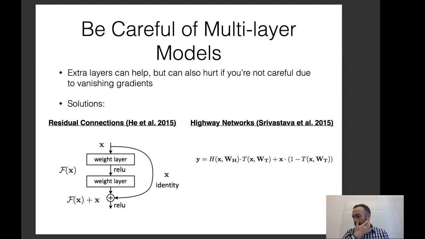There's another method called highway networks, which is very similar, but instead of just adding the output, you have a gating function that says whether you want to add the output or maintain the input. So residual connections also are featured in transformer models. So if you're using a transformer model, this is kind of already included in your model, even if you are just using the quote unquote transformer layer implemented by a toolkit or something like this.